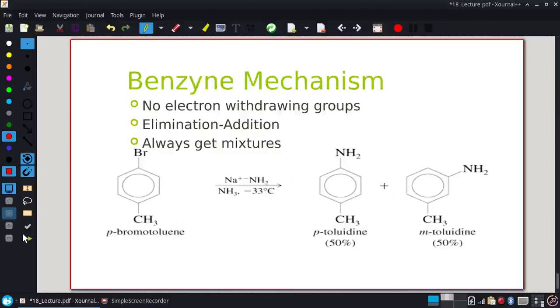Alright, the last one is a very specialized case. We don't necessarily need any electron withdrawing groups for this to occur. Alright, what I mean by that, we will always be able to replace a halogen with an NH2 if we use sodium amide with some liquid ammonia. However, that replacement will not always be guaranteed where it is.